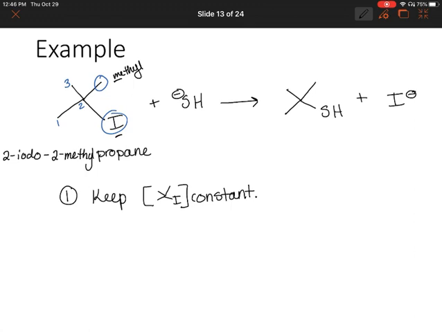But then they doubled the concentration of SH minus. All right, and then they tracked the rate of the reaction, and they found that this had no effect on the rate.